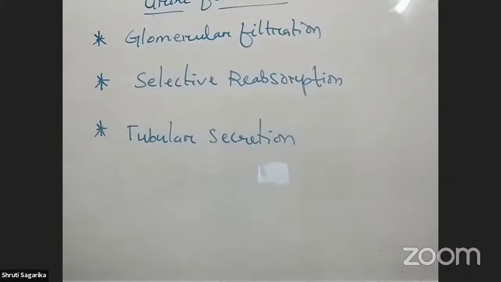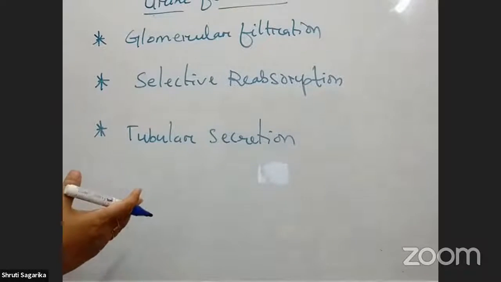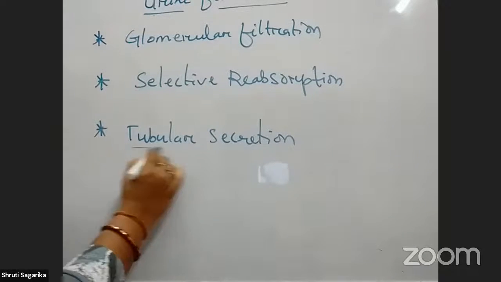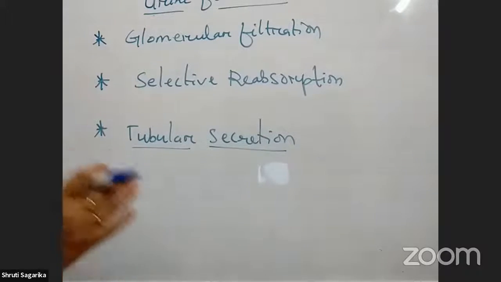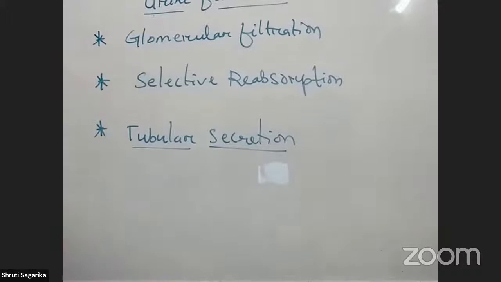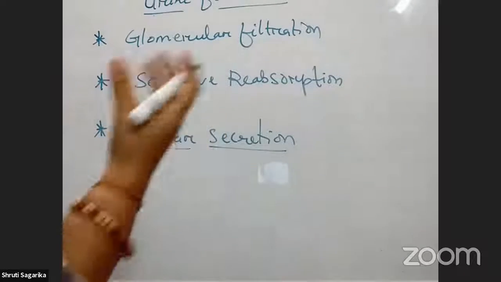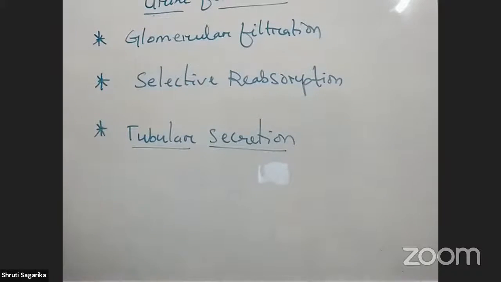But what happens in the majority of mammals, or vertebrates, is that tubular secretion doesn't play much of a role. It plays a minor role. Only in organisms like desert organisms, which want to retain more water, does tubular secretion play a major role.